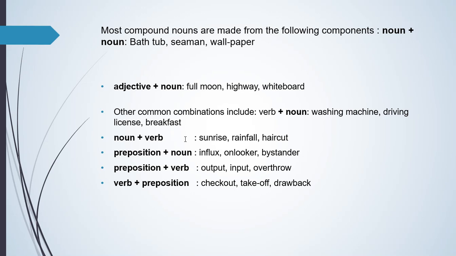Rainfall, haircut. Then noun plus preposition plus noun, which becomes a compound noun, like influx, onlooker, bystander. And this is preposition plus word, also compound nouns: output, input, overthrow.